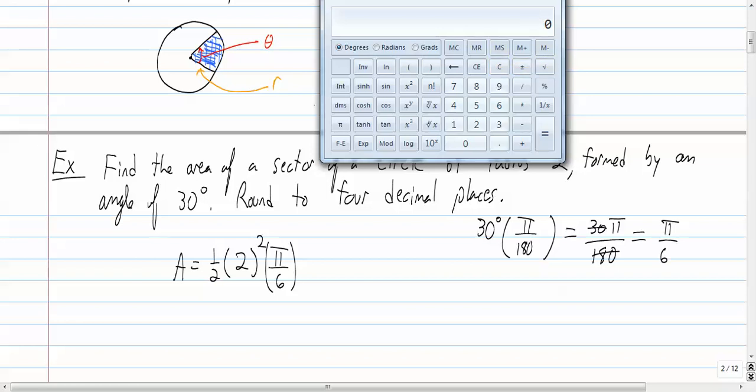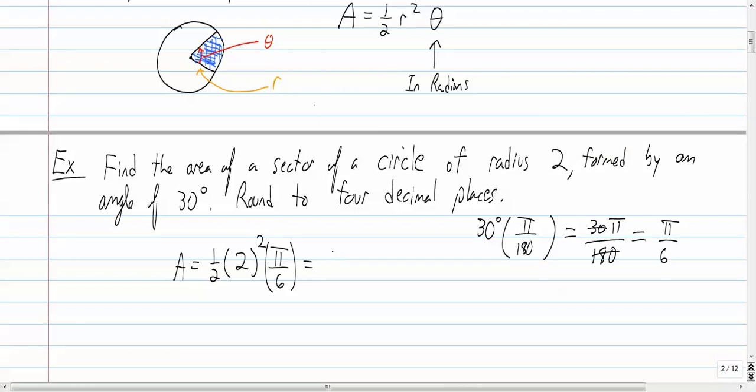We have 1/2 times, that's going to be what, 4? 1/2 times 4 times pi over 6. So that's going to be 1/2 times 4 is 2. So 2 times pi over 6, or you have 2 pi over 6. That's the same thing as pi over 3.